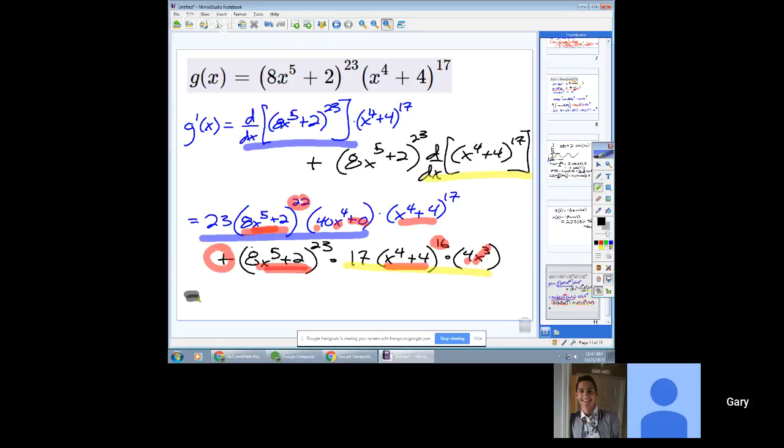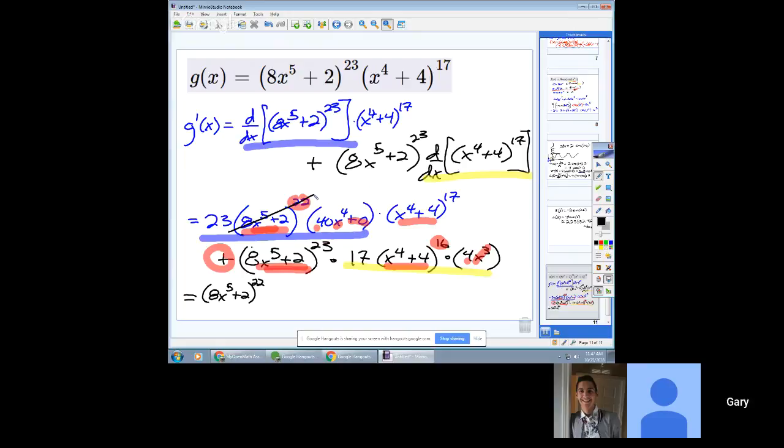All right, so I'm going to start off with the stuff in front. I have a bunch of 8x to the fifths plus 2's, and I think I have 22 of them that I can pull out. So those are gone.